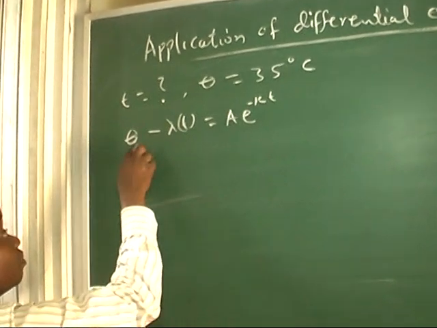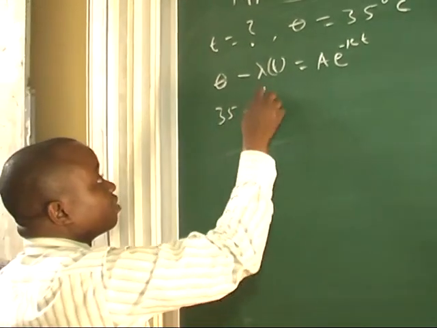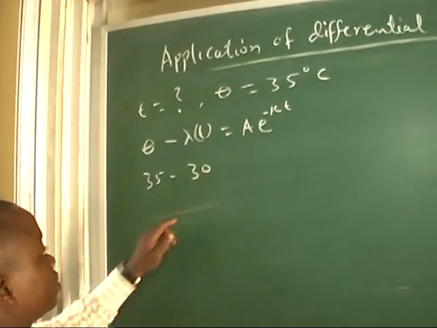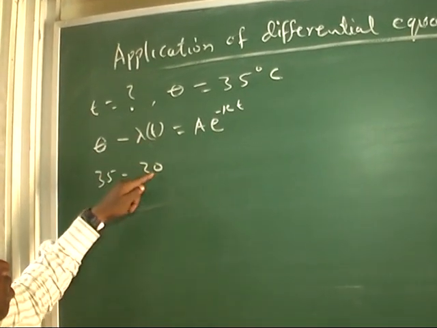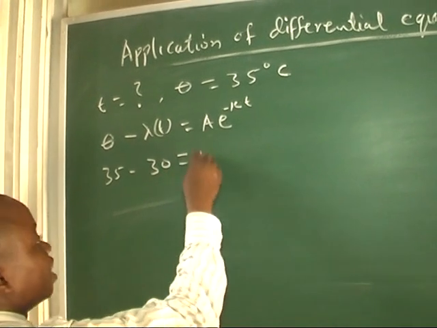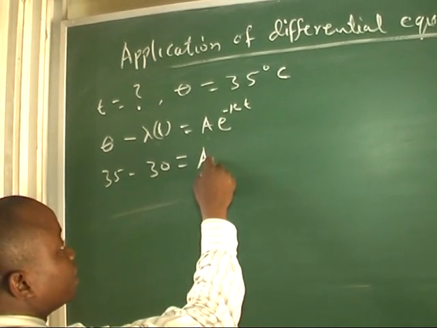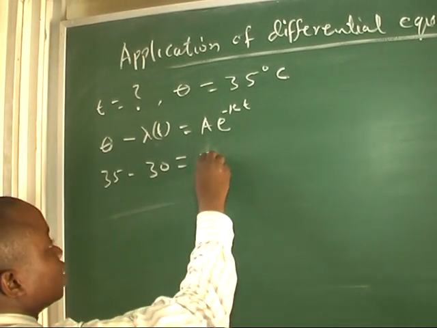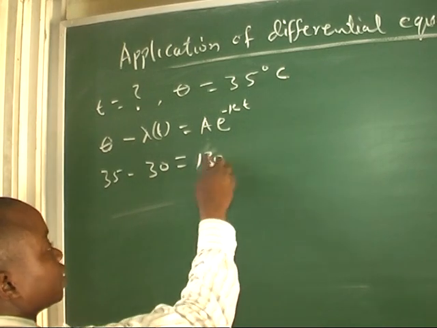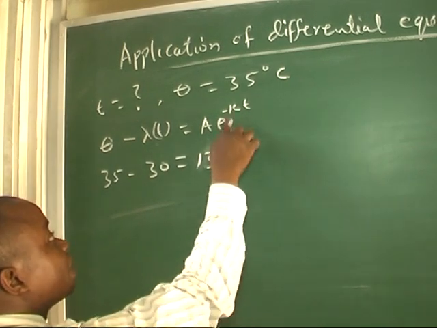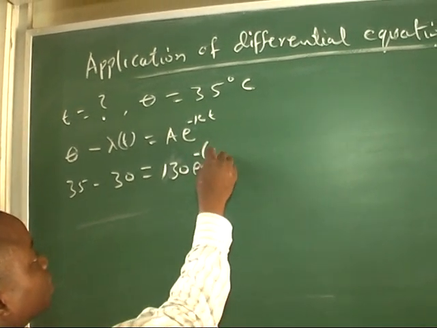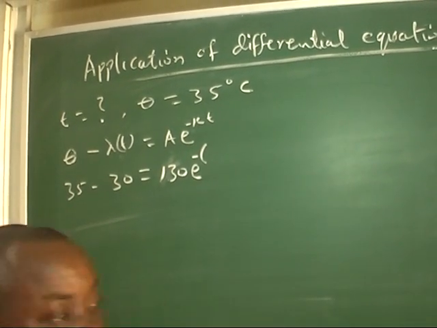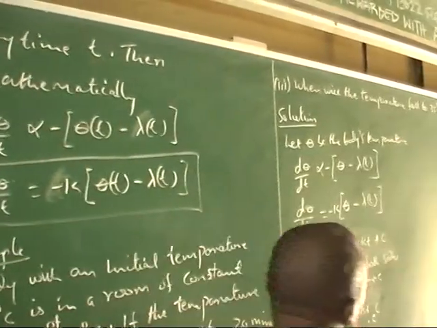So when theta is 35, the constant temperature for the surrounding was 30. Of course, we have that our A here is 130, so let me just fix them one time. So that exponential minus k. What do you get for k?